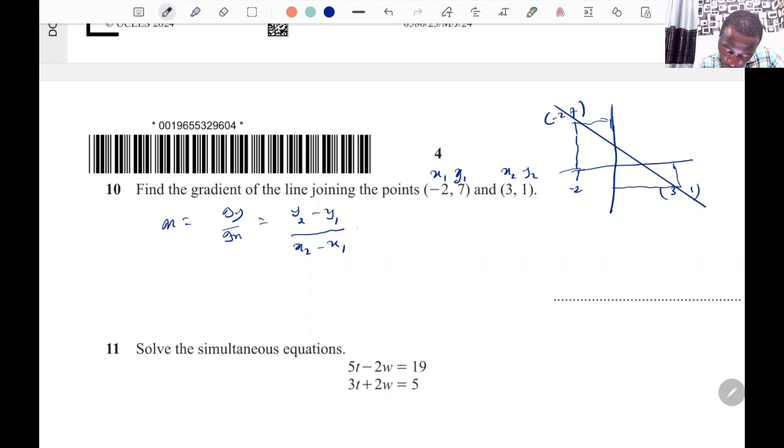So we bring them together: 1 minus 7 all over 3 minus in bracket -2. Here we have -6 over 3 plus 2, since minus times minus gives plus, which is 5. So my answer is -6 over 5.